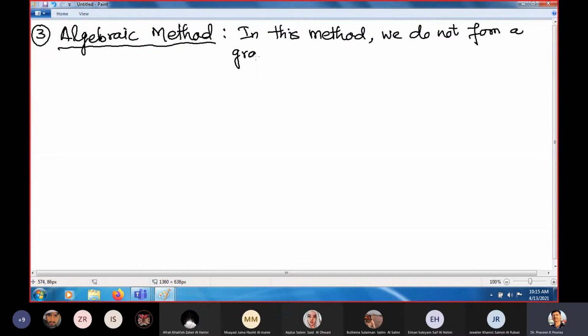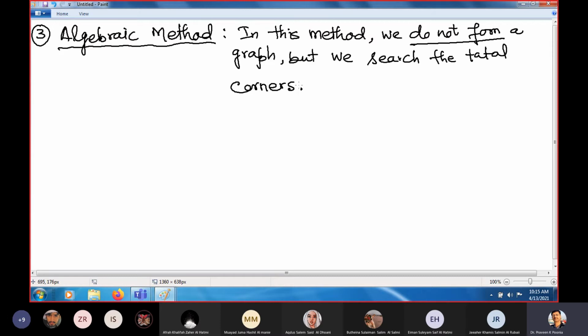What is the good thing about this method? In this method, we are not making any graph. Clear? But we search the total corners. Here in this, we search the total corners. Clear? So how we search the total corners, that I will explain you later.